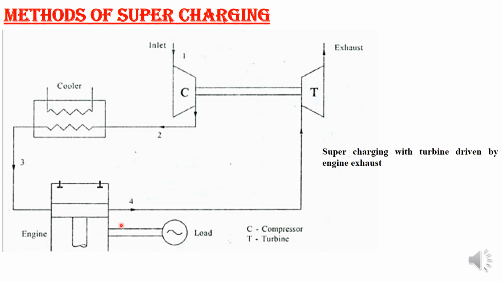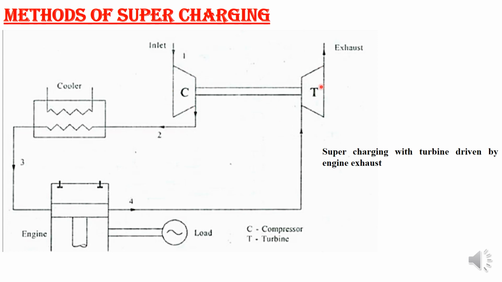In the second case, from the exhaust energy we are running a turbine. This turbine shaft is coupled to the compressor. So with the exhaust energy we run the compressor through the turbine.